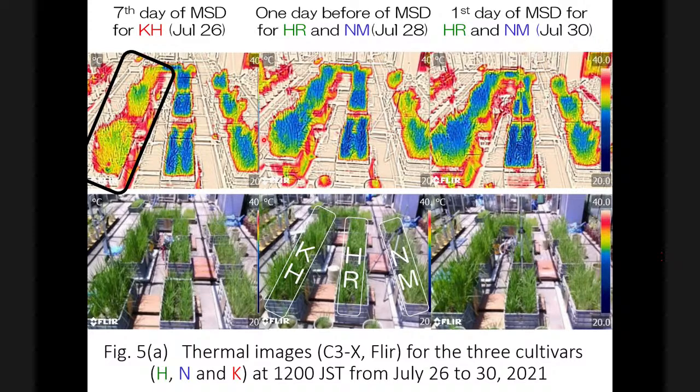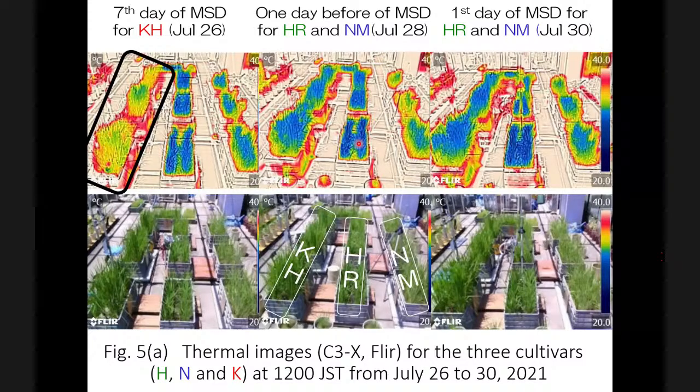Maybe you can see the different colors between the three cultivars, right? The denser blue color shows the lower canopy temperature. It means that Himenorin showed the lowest canopy temperature, while Nikomaru showed the highest. This means that stomata conductance of Himenorin was smallest among the three, and stomata conductance of Nikomaru was highest.